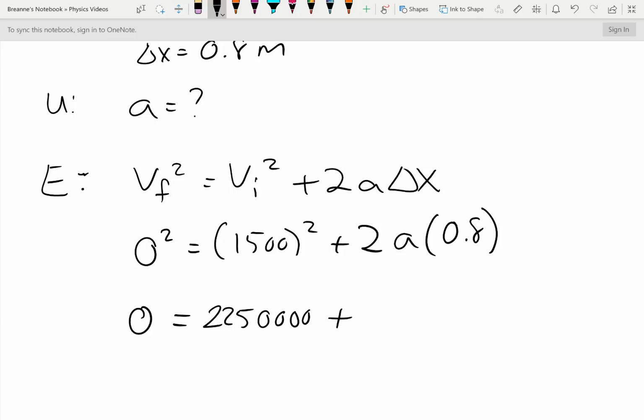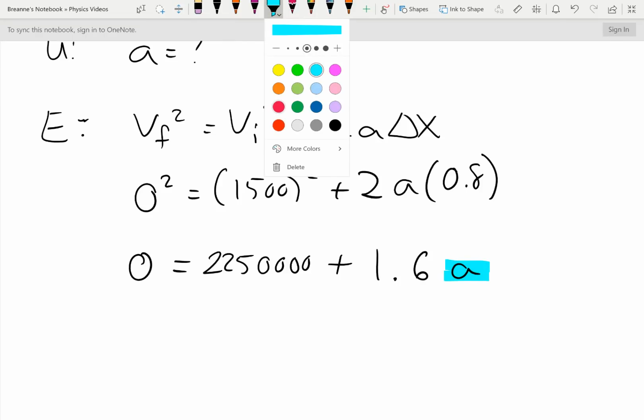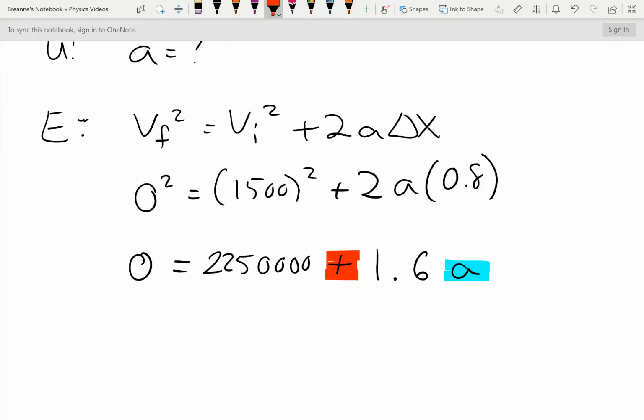Again, you can multiply in any order. Times a. Now you cannot add those because of this a. You can't do that. No. Bad. Don't do that.